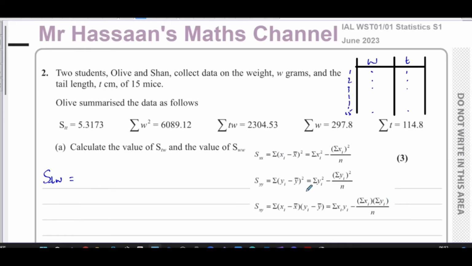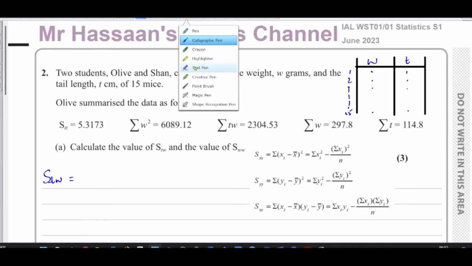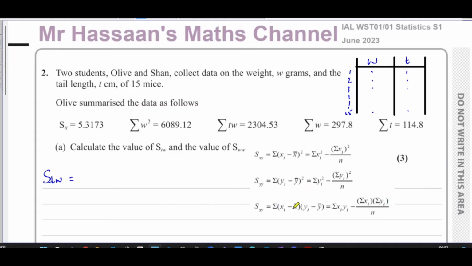What would be relevant here is you have SXX. You could say this is the X, this is the Y, for example. So this would be SWW, STT, and this would be STW. It's where you have the covariance. So what we're interested in is actually this formula here, because we have the summary data that will help us to use it.